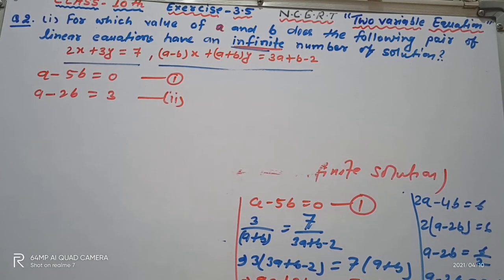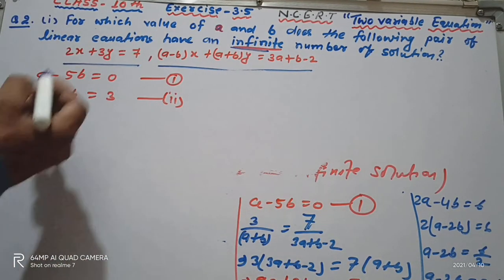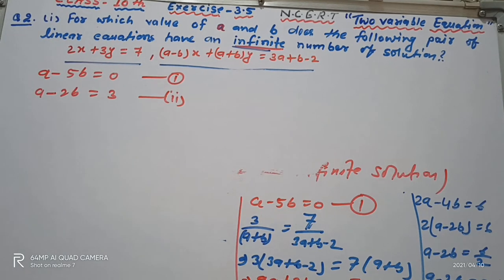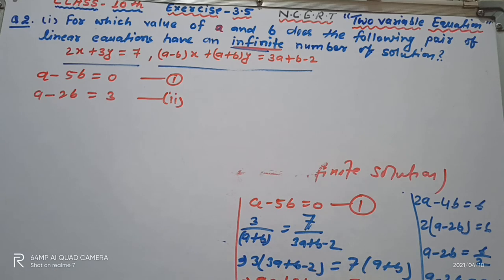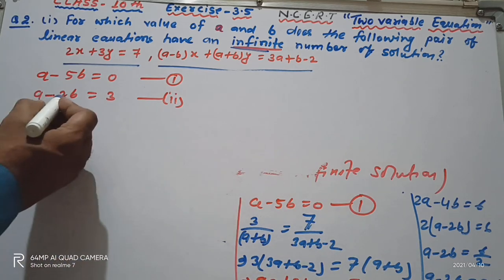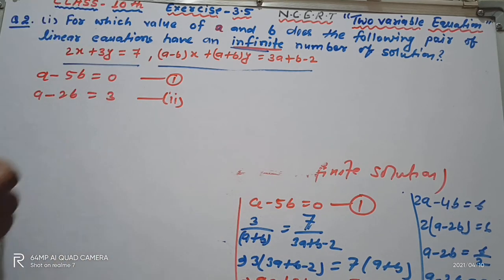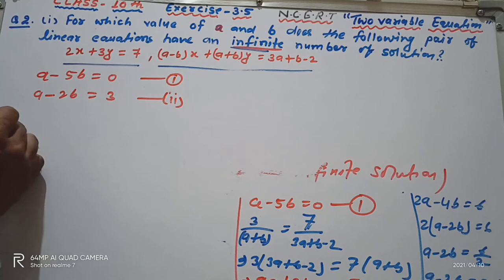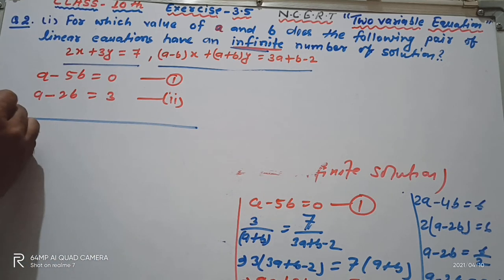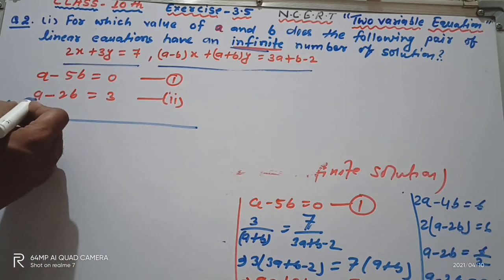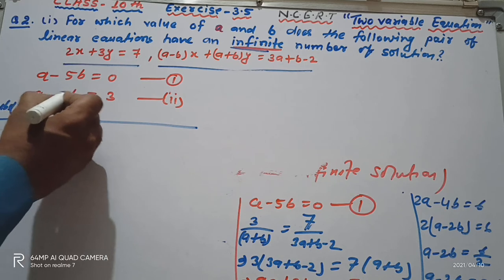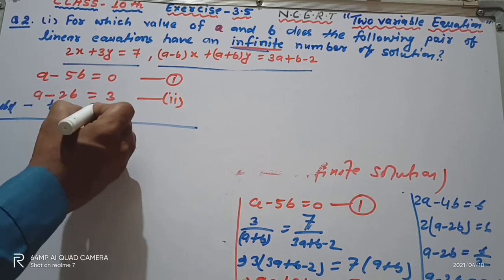So now I have written these two equations here. Now we will solve them. Equation 1 we have got is a minus 5b is equal to 0, and equation 2 is a minus 2b is equal to 3. What you will do now is subtract these two equations from each other. If you subtract, their signs are going to be changed. The a is plus, it will be minus, and the 2b is minus, it will be plus, and this will be minus.